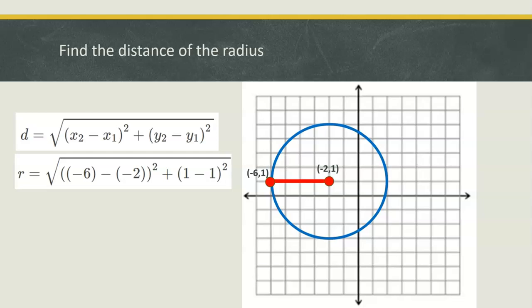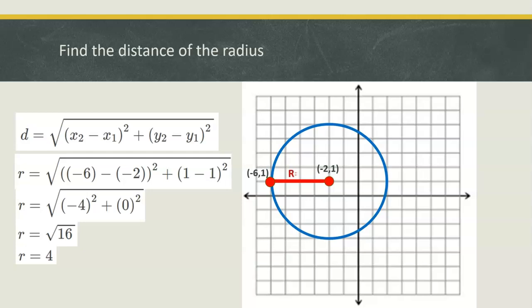Plug in your x's and your y's and you find that your distance formula will be the square root of -6 minus -2 squared plus 1 minus 1 squared. Solving that, your radius is equal to the square root of -4 squared plus 0 squared, or the square root of 16, or 4. So your radius is 4.